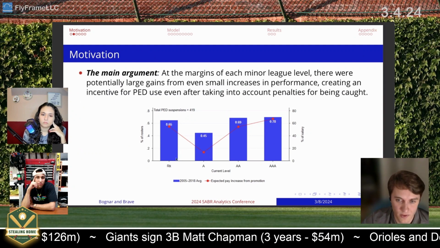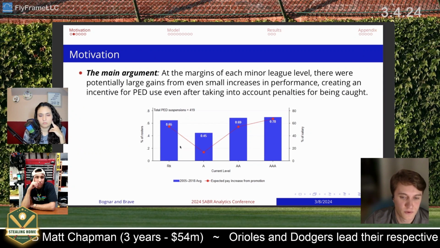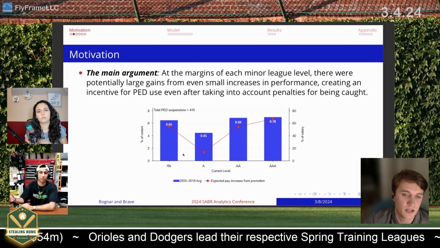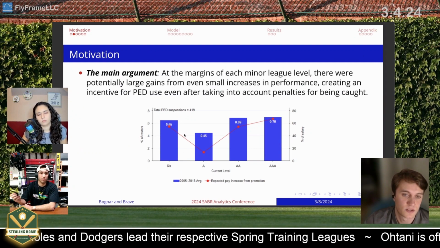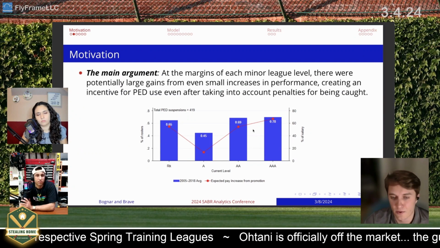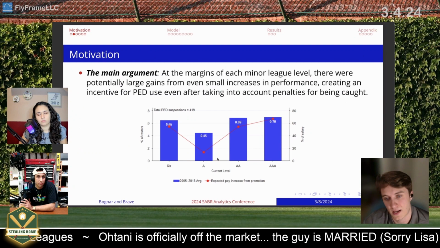Just to visualize this, in blue here we have, for each of the 4 minor league levels, the percentage share of PEDs as a share of the roster spots. And then in red here, we have the expected pay increase from a promotion to the next level.